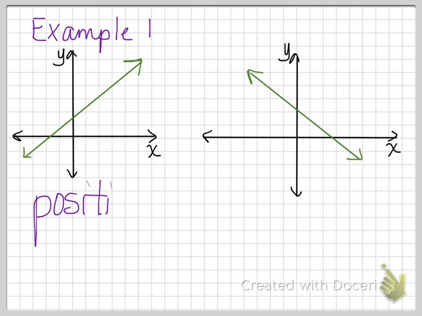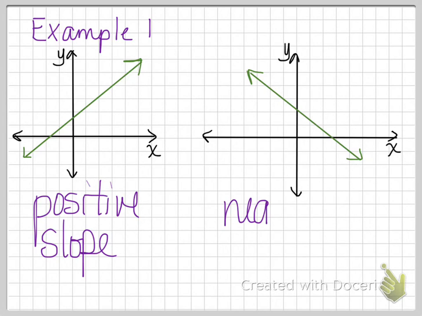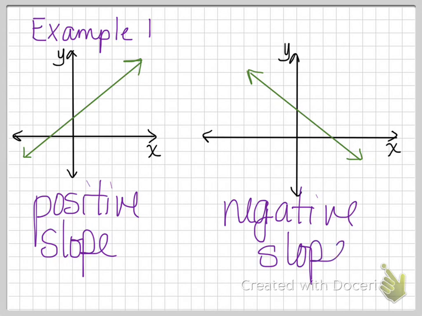So that's going to have a positive number. And if, as we're going left to right on this graph, we see that the line is declining or going down, we're going to assign that a negative slope. So the number for slope will end up being negative for lines like that.